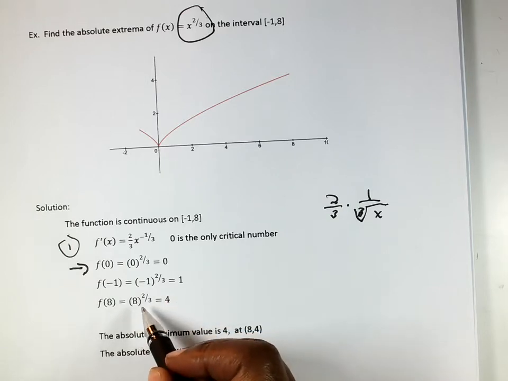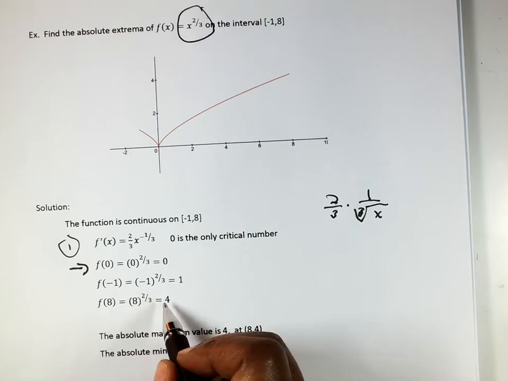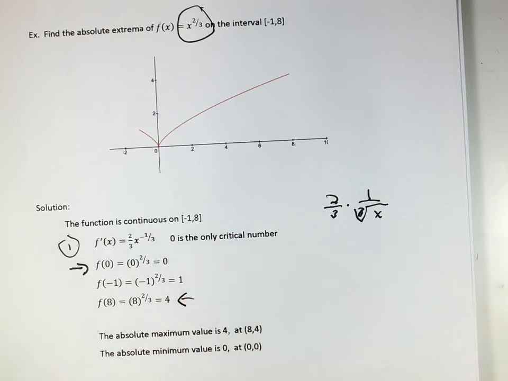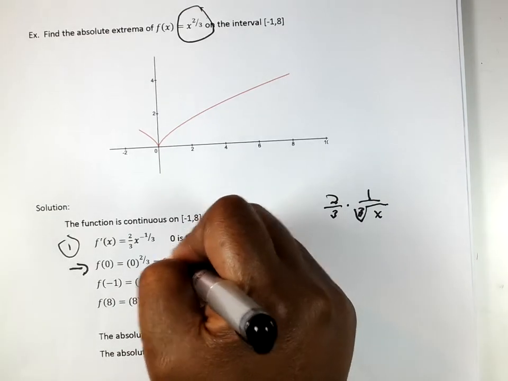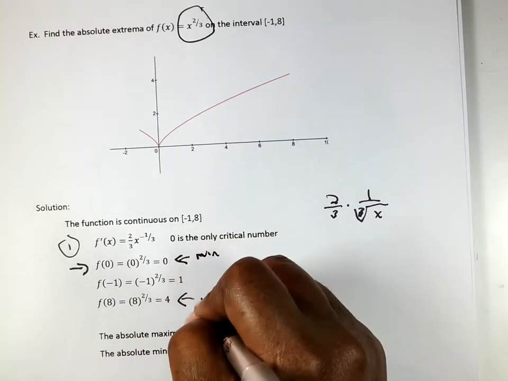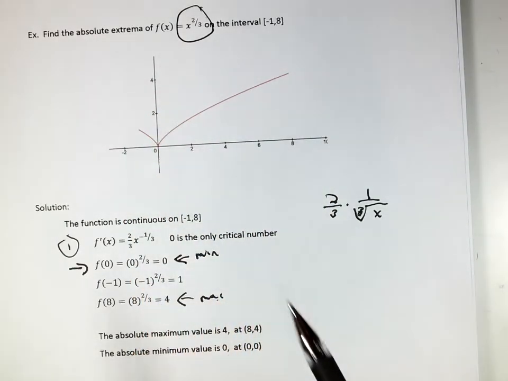Just use the fraction key as an exponent, but the bottom number is the root, and the top number is a power. So cube root of 8 is 2, 2 squared is 4. So my absolute max is going to be at 4, and my absolute minimum is at 0. And you can see that very clearly from the graph.